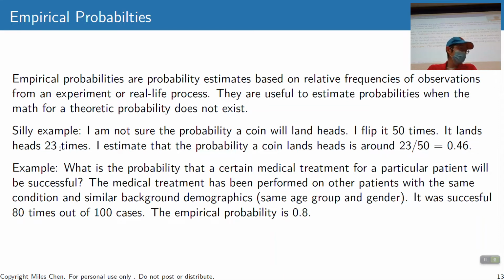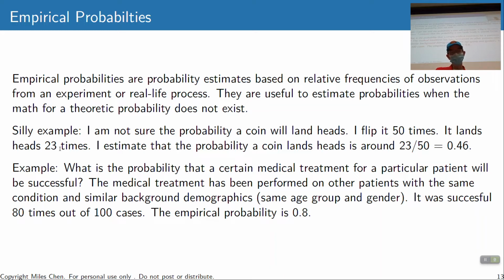Or another example is you go to the doctor, and there is a particular medical treatment that they're considering, and they want to say, what's the probability of success when you use this medical treatment? Okay. Well, there's no mathematical formula that you can plug in to get this probability of success. So the way they give you a probability is they look at past records, and they say, you know what?